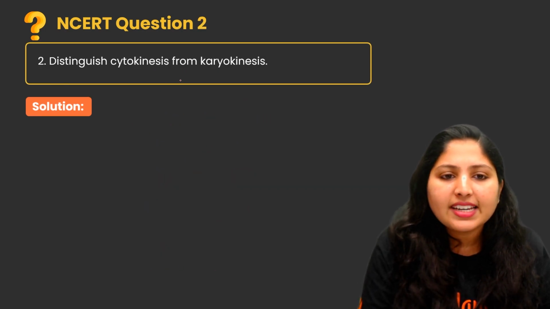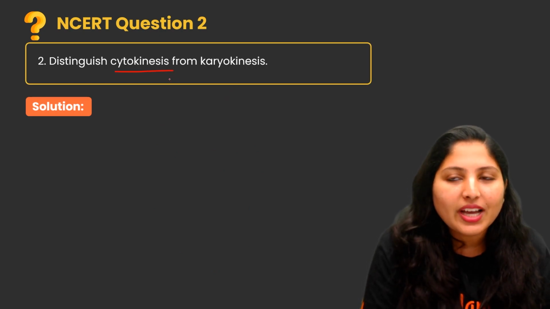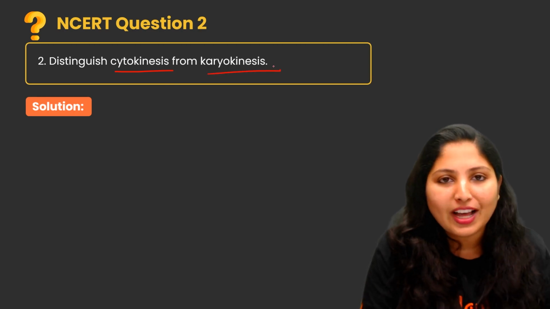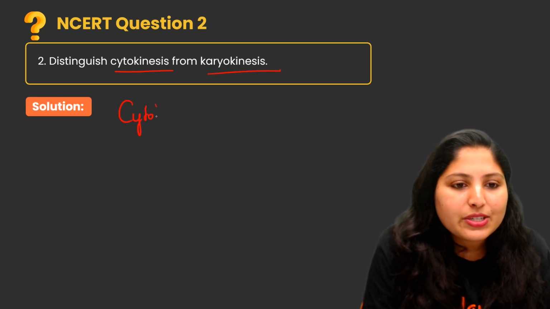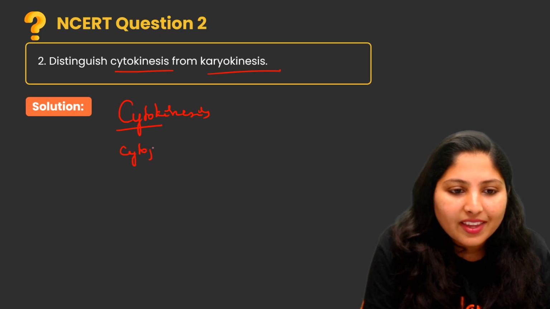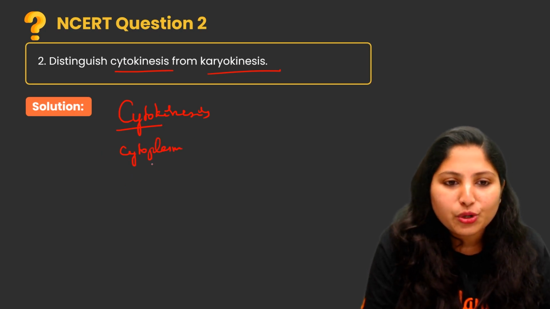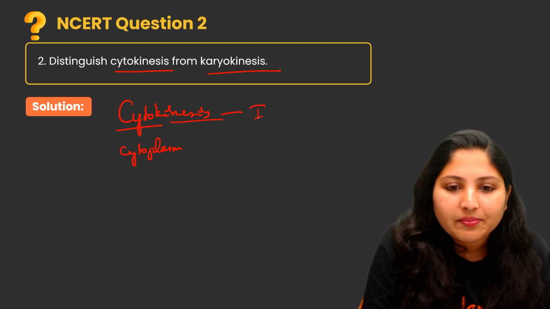Distinguish cytokinesis from karyokinesis. We need to define both. First, cytokinesis. Cyto means cytoplasm, and kinesis means to cut.